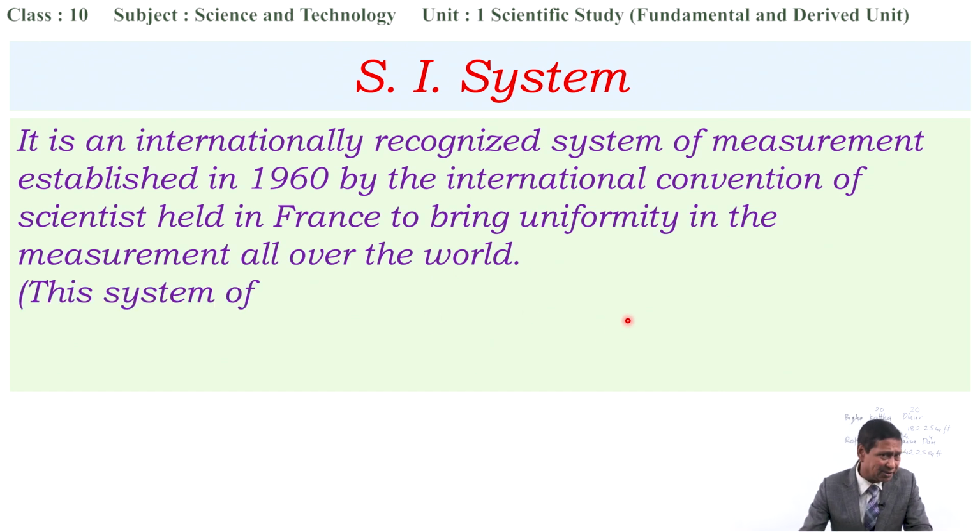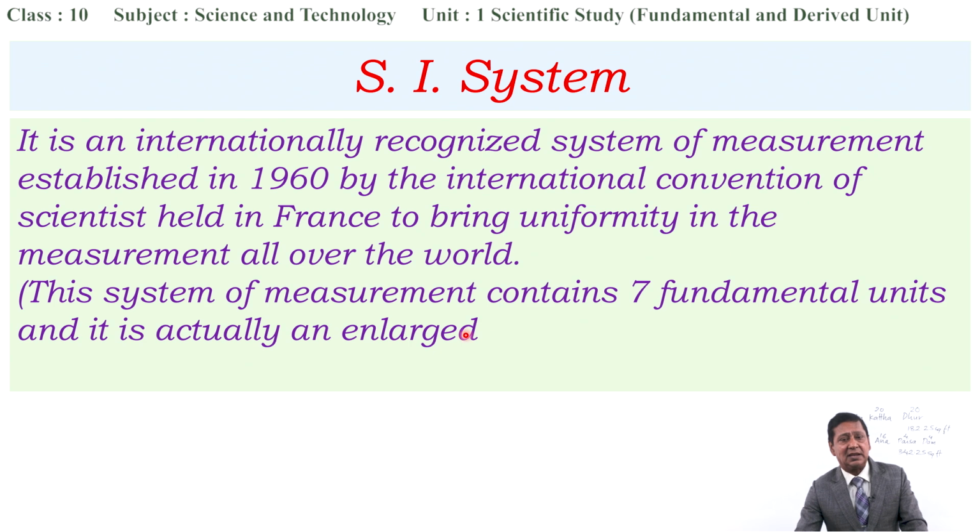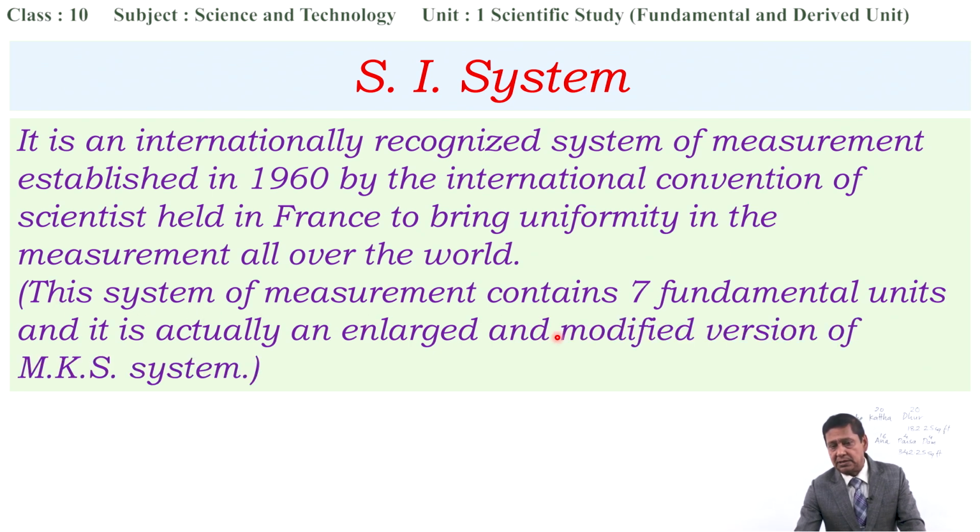Now, according to the SI system, this system of measurement contains 7 fundamental units. The SI system is actually an enlarged and modified version of the MKS system. The MKS system has only 3 fundamental units, the unit of length, unit of mass, and unit of time, but the SI system has 7 fundamental units. That's why it is an enlarged version of the MKS system.